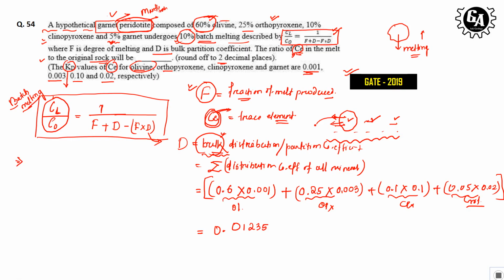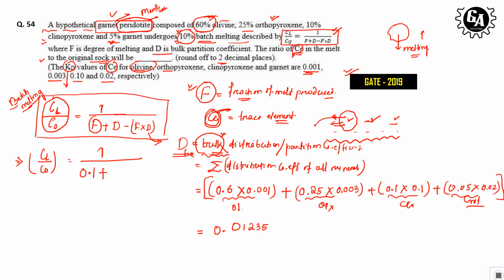You can get CL by C0, you have to calculate this one, and this is 1 by F plus D minus F times D. F is given as 10%, the fraction of melt produced because it is melting. 10% batch melting means 10% of the melt has been produced, so 10 by 100, that is 0.1, plus D. What is the value of bulk D?